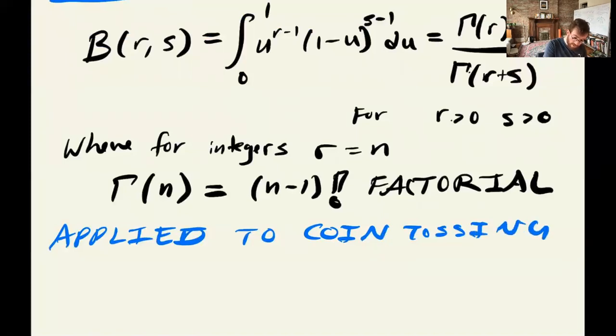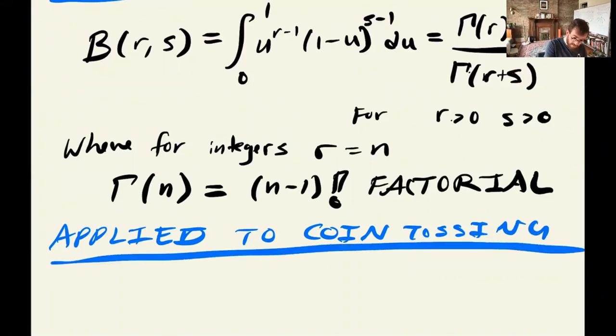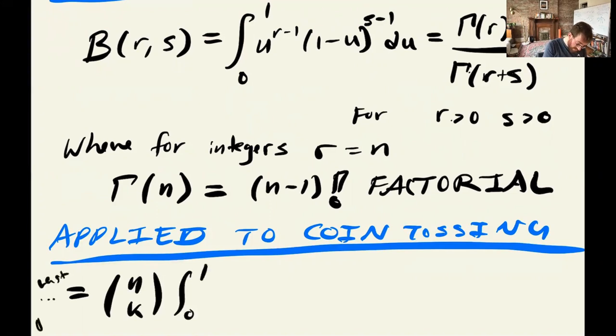Remember, what we ended up getting on the last page was n choose k, integral from 0 to 1, p to the k, 1 minus p to the n minus k, dp.